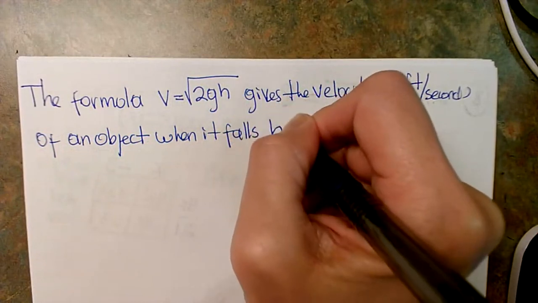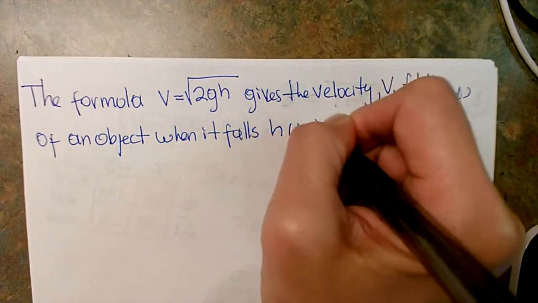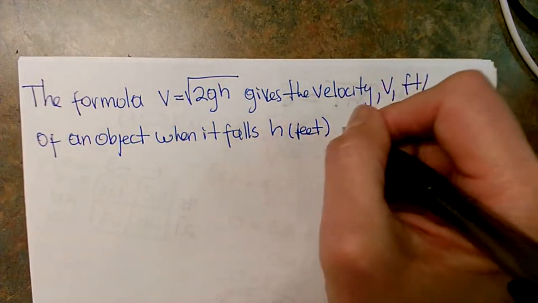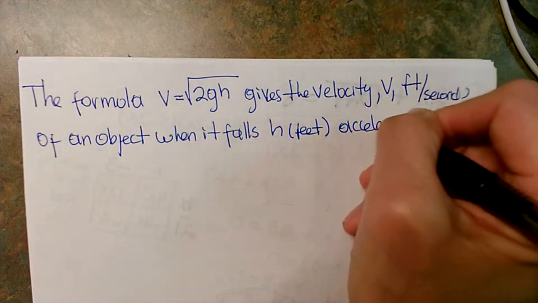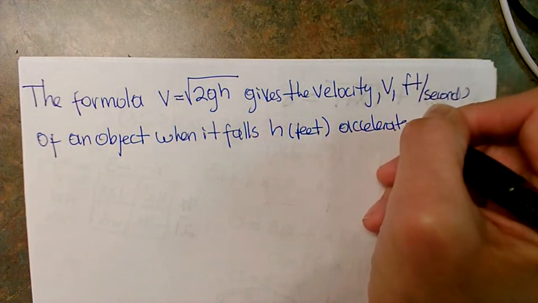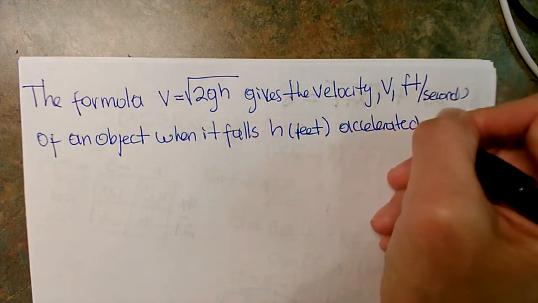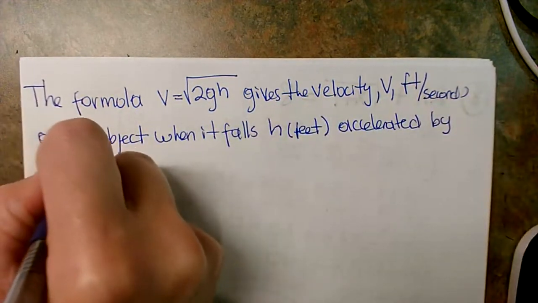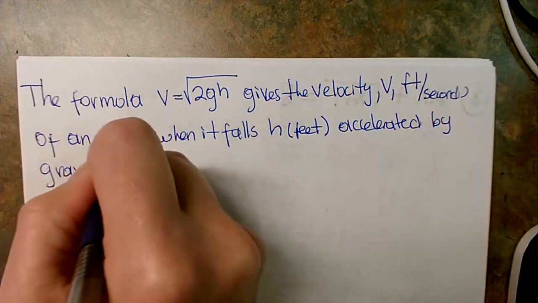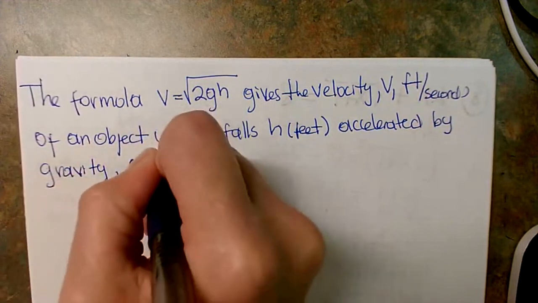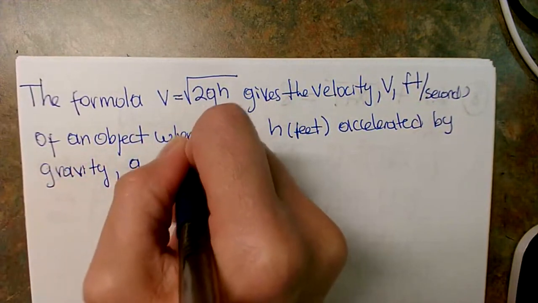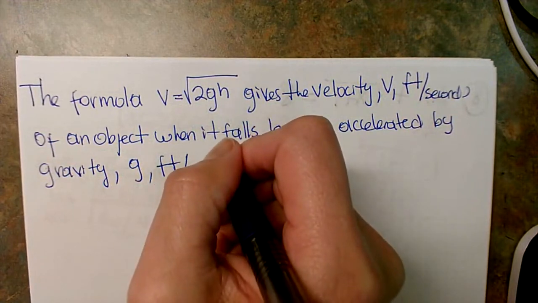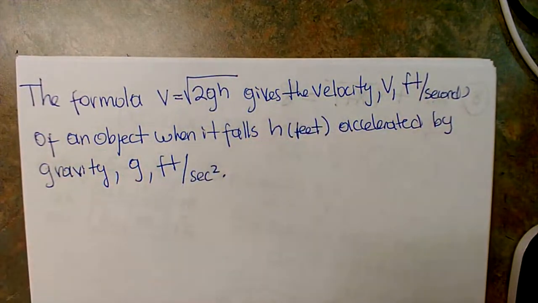H, this is the height, and it's in feet, and is accelerated by gravity. And gravity is G, and the units are feet per square second. Okay?